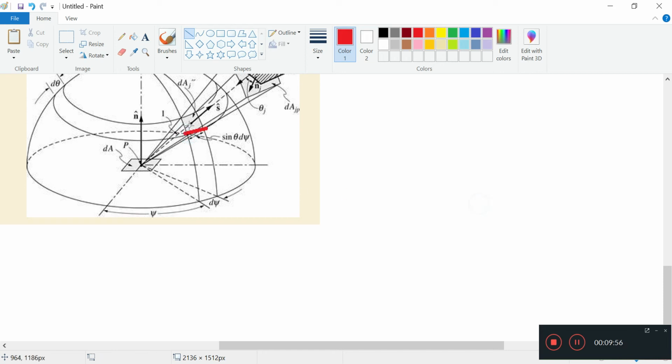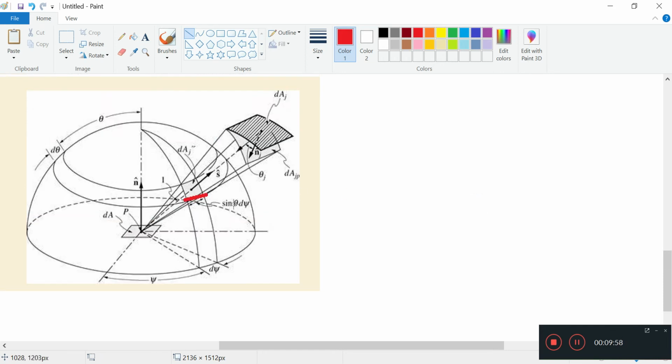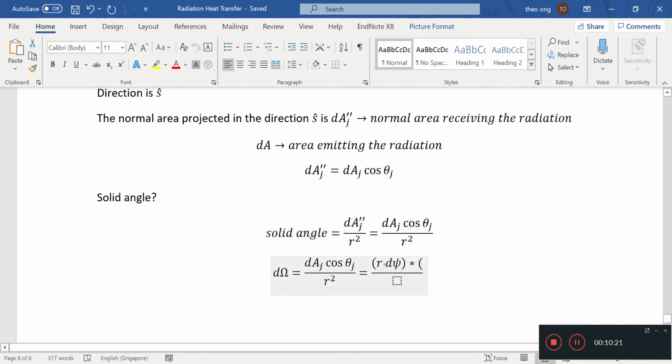This is not r d psi, this is r sine theta d psi, because the length being measured is from here to here rather than this length. So this is r sine theta. The top orange line is r sine theta, so r sine theta d psi is this red colored length. So I need to put that in.